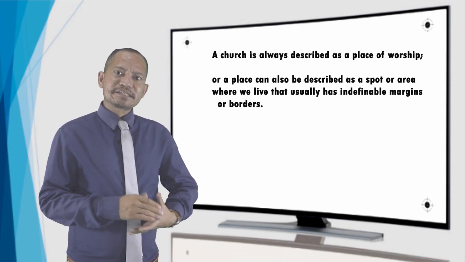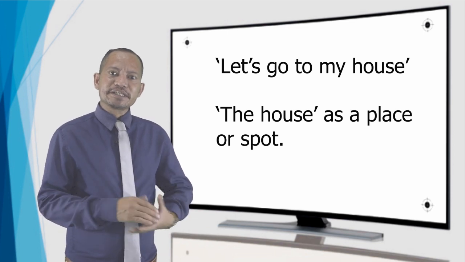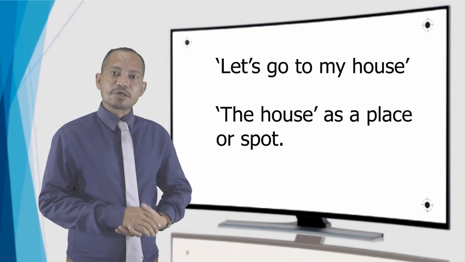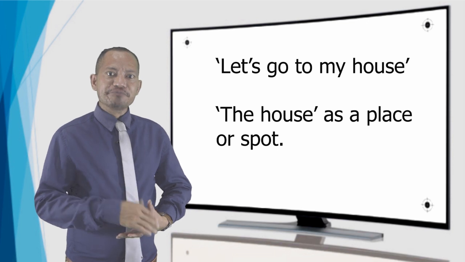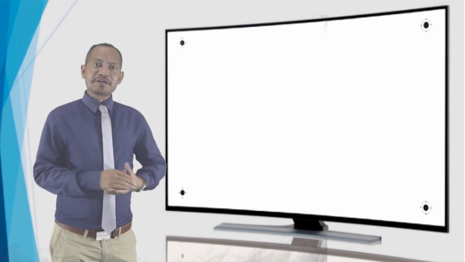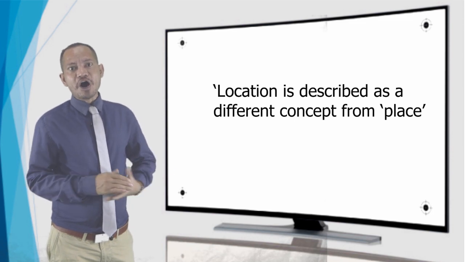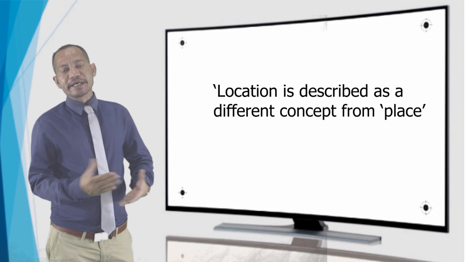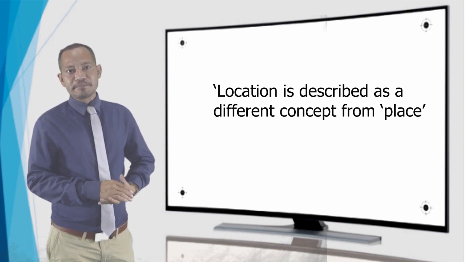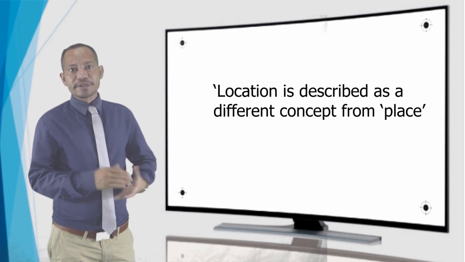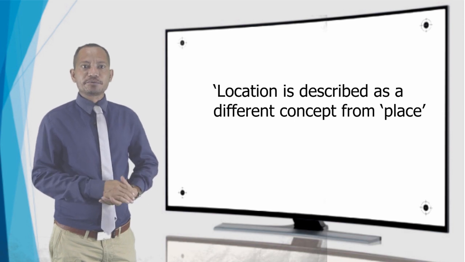Let's understand both place and location like this. Imagine when a person says, "Let's go to my house." In this case, the person is referring to his or her house as the place or spot where you are invited to go. However, location can be described as a different concept from place. We tend to be more specific with the area where a certain spot or place is situated.